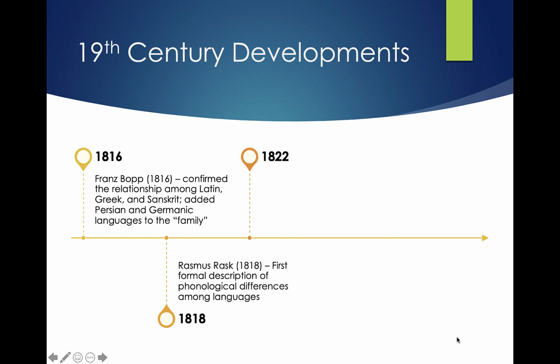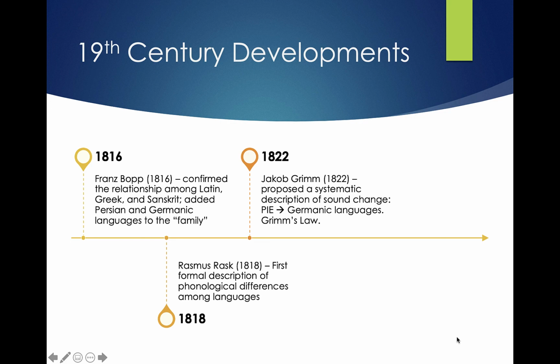And speaking of Grimm, Jacob, of the Grimm brothers fame, relying on Rask's phonological description, formulated a principle that explained the sound change that separated the Proto-Germanic branch from the Indo-European trunk of the tree, so to say.